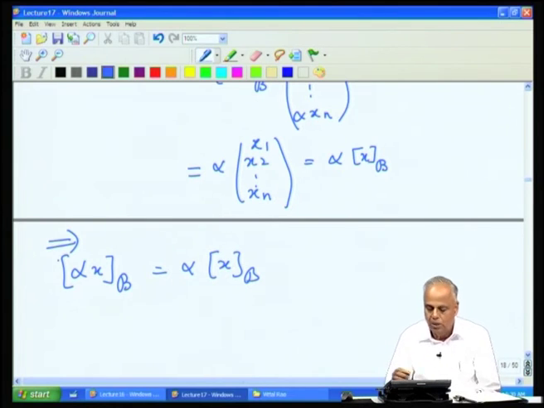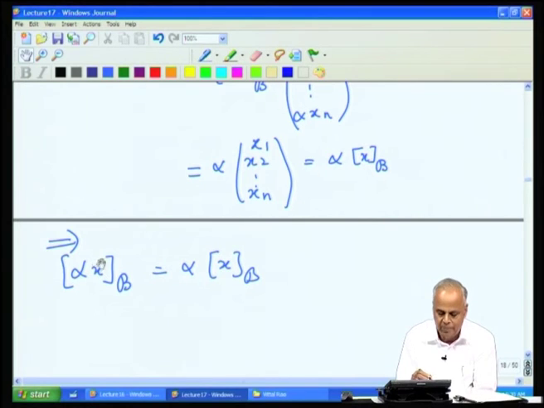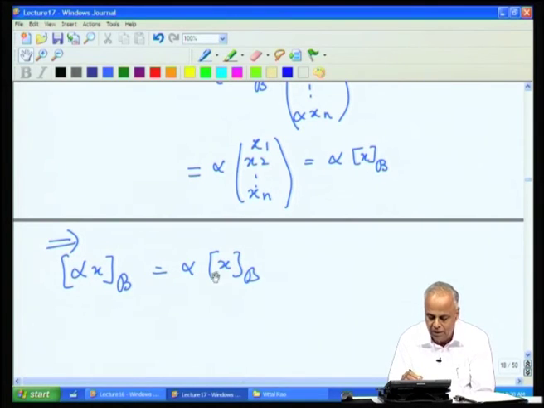In other words, what this says is: scalar multiply in V and then get the representation, or first get the representation and then scalar multiply in Fn, and both are going to yield the same results.